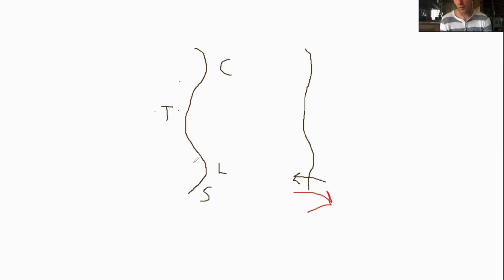Let's say just a bit wider, maybe 100, 110. So the sacrum in this case is counter-nutated, or I'm sorry, is nutated. Then what direction is the pelvis going to be tilted? Posterior, right?